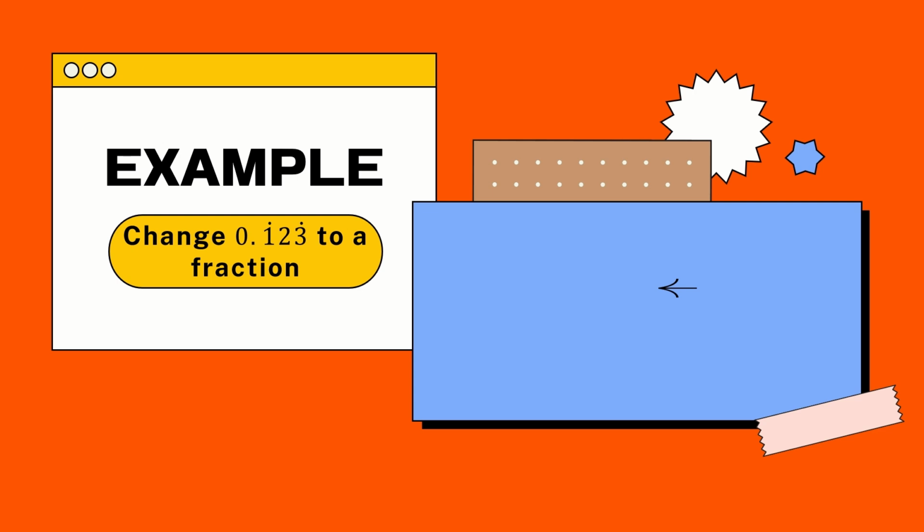It means that the digits 1 until 3 get repeated. So we let x be 0.123123123, and it will continue with no end. The digits 1 until 3 recur. So 1, 2, 3, 1, 2, 3, 1, 2, 3.